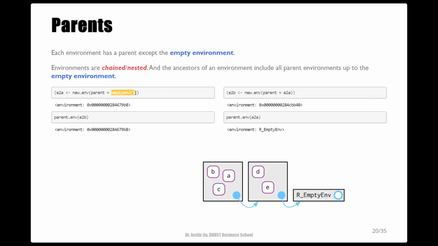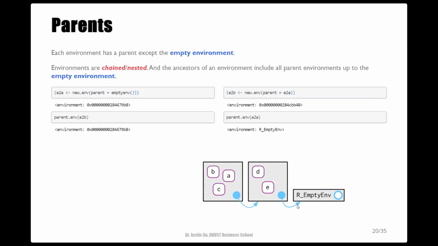This function is used to retrieve the empty environment. Then, E2A is used as the parent to create another new environment, E2B. So the hierarchy among E2B, E2A, and the empty environment is depicted by this diagram.